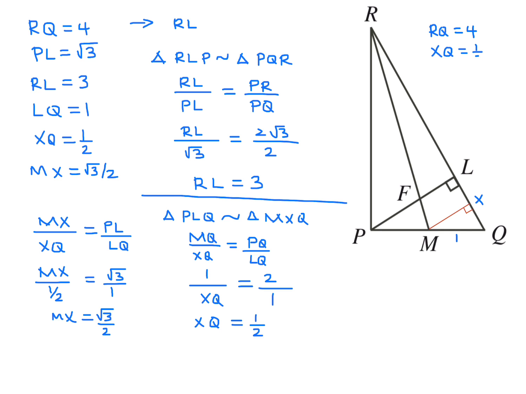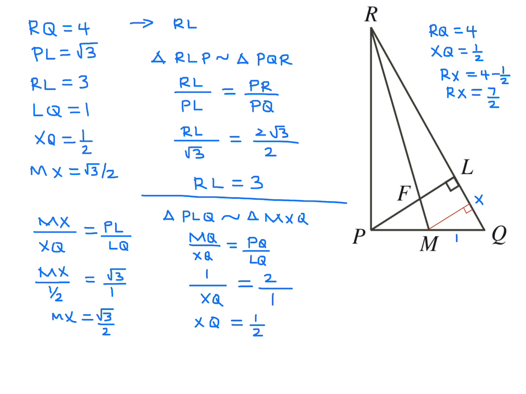So that means RX, this distance from R to X, will be 4 minus a half, which is 7 over 2. Okay? So we are one final similar triangle relationship away from figuring out FL, and then once we have FL, we can figure out PF by subtracting it from PL.